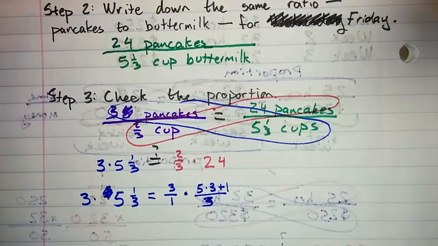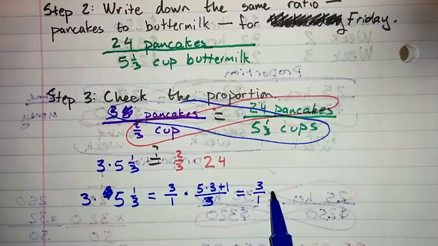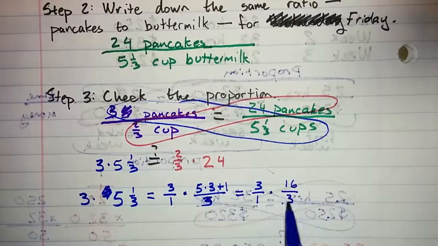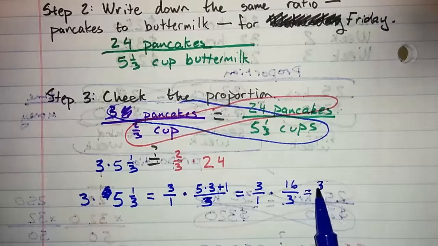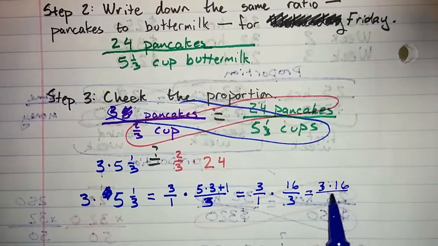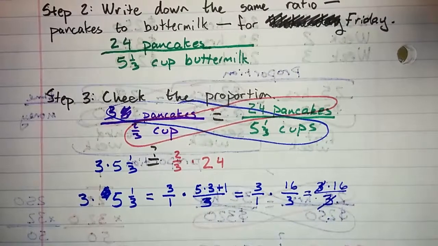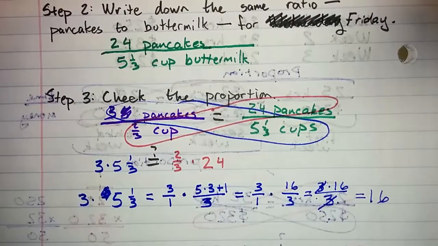Add in the 1/3 I started with. So I'll have 15 plus 1 is 16 thirds. Let's see, so I'll have 3 times 16 over 3. Oh, I see the 3's cancel. I'm left with just the 16.